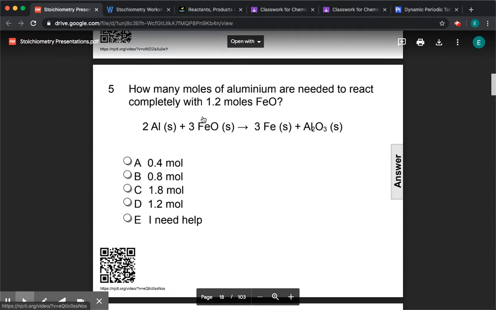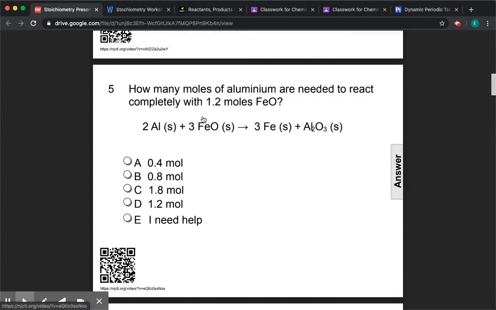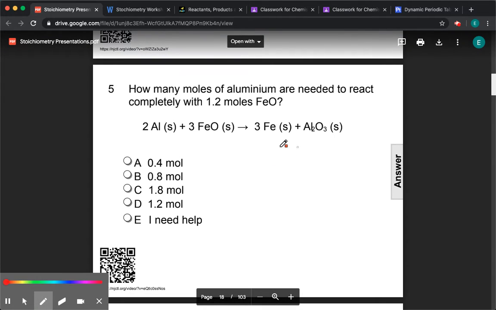How many moles of aluminum are needed to react completely with 1.2 moles of FeO, or iron oxide? So we're given moles of iron oxide and we're comparing it to aluminum. Our ratio is going to have aluminum and FeO in it. We are coming from the iron oxide and going to aluminum.